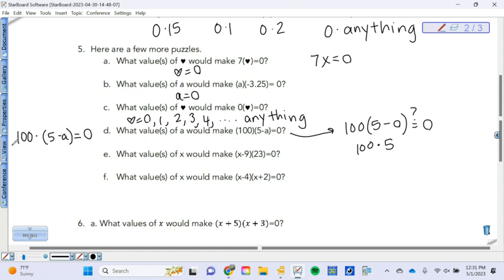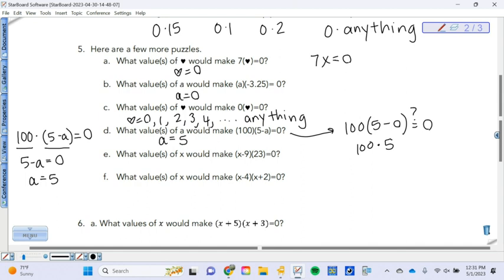So this is saying like 100 times 5 minus A equals 0. And I know that if something times something equals 0, then one of those things has to be 0. 100 is obviously not 0, so that means 5 minus A has to equal 0. If 5 minus A equals 0, then A has to be 5.